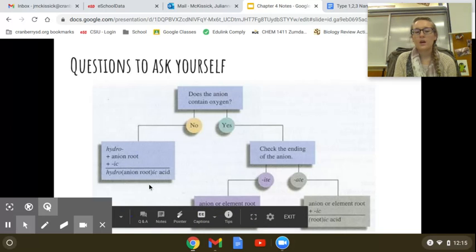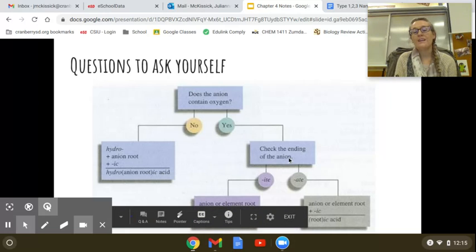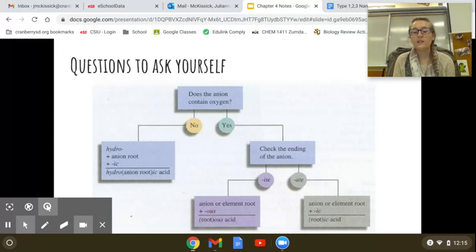Okay, so hydro, root name, ic, and then the word acid. Now, if the anion does contain oxygen, we need to go through another checkpoint. So we need to check the ending of that anion. If it is ite, we need to change the ending to ous.